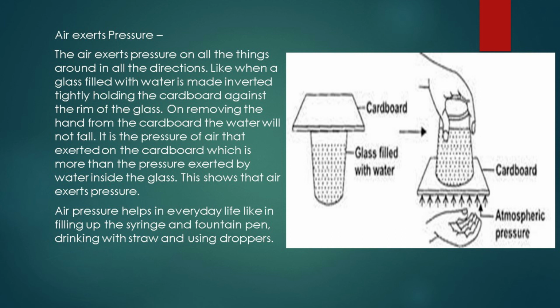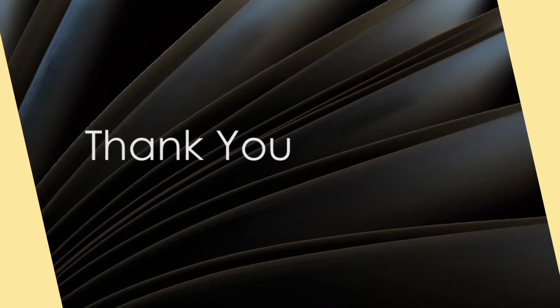The air pressure outside, at the surface of the juice, is more, and this pressure forces the juice to move up inside the straw. The dropper also works in the same way. So this is how air pressure is very important in our daily life.